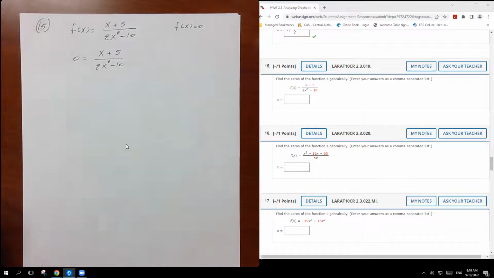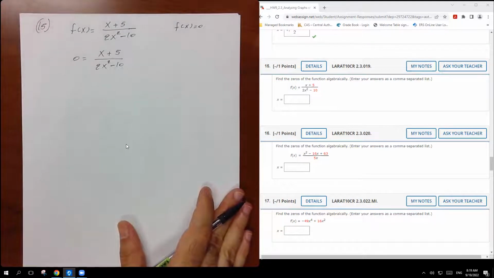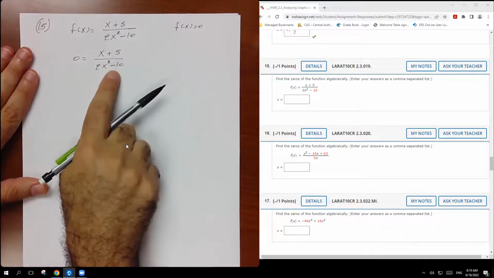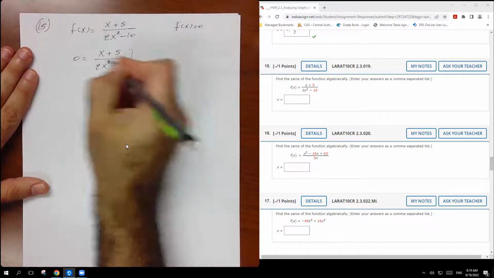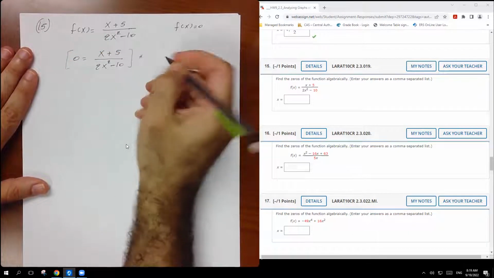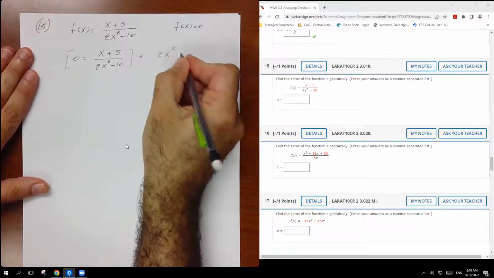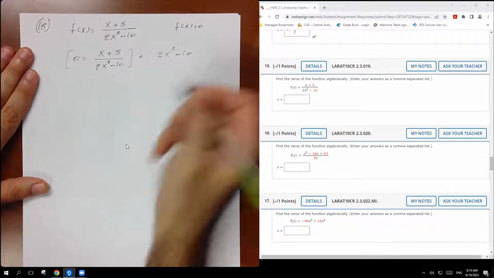Now this is a rational function. How are we going to find the solution? To solve a rational function, we need to cancel the denominator. So I'm going to multiply both sides by the denominator, which is 2x squared minus 10.